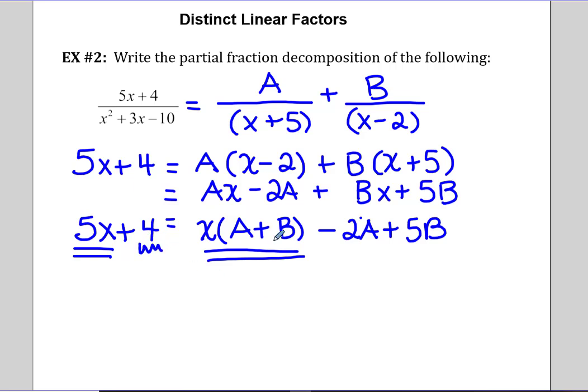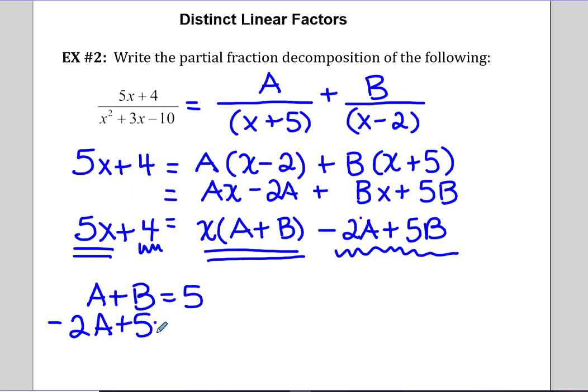And the 4 is going to be equivalent to the rest of our equation. So thinking about that, the system of equations says that a plus b has to give me 5, and negative 2a plus 5b must equal 4. So this is our system of equations.